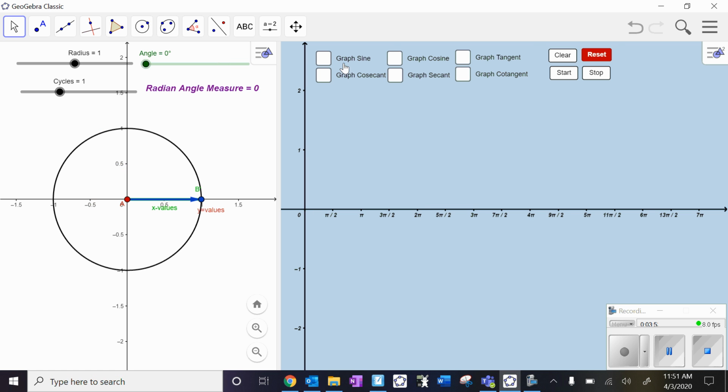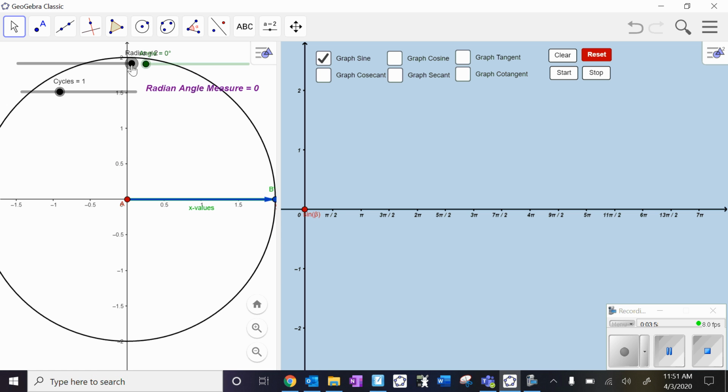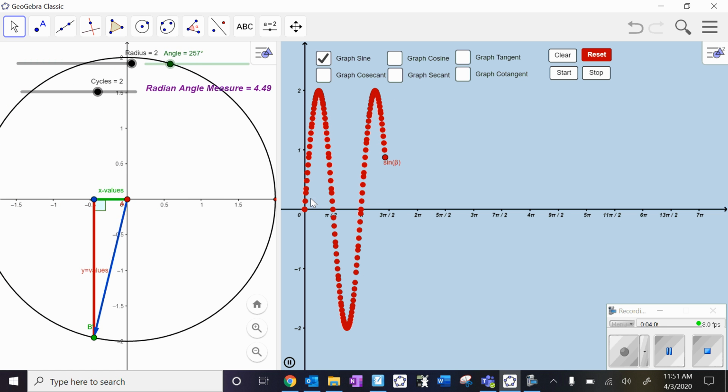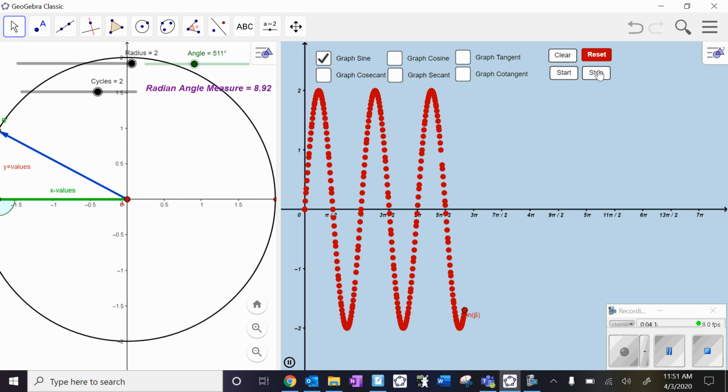If I manipulate this a little bit, and I change my radius, maybe to a radius of 2, and I change my cycle to 2 cycles, notice what it does to my function. I'm now at a height of 2 and a low of -2. I'm going to stop it now. Notice, though, when I change the number of cycles, from 0 to 360 degrees, which is right here, we normally only had one cycle.